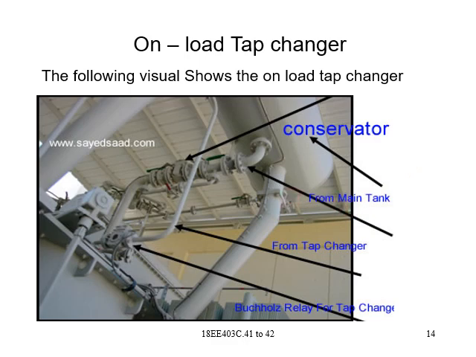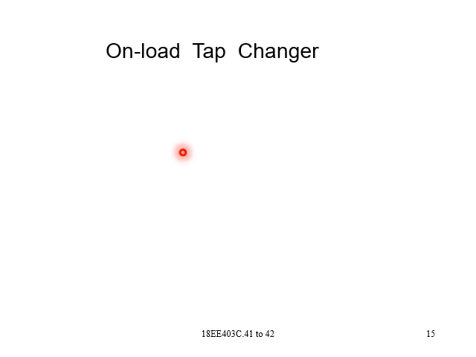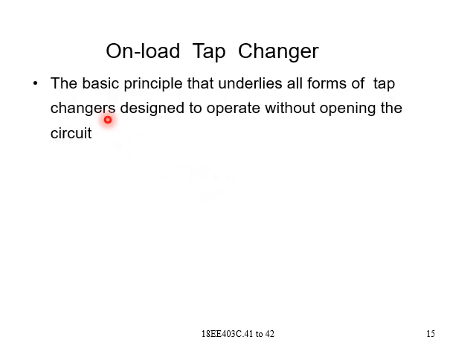Moving on to the next slide, the continuation of on-load tap changer. The basic principle that underlies all forms of tap changers is that they are designed to operate without opening the circuit. That means under continuity of supply.